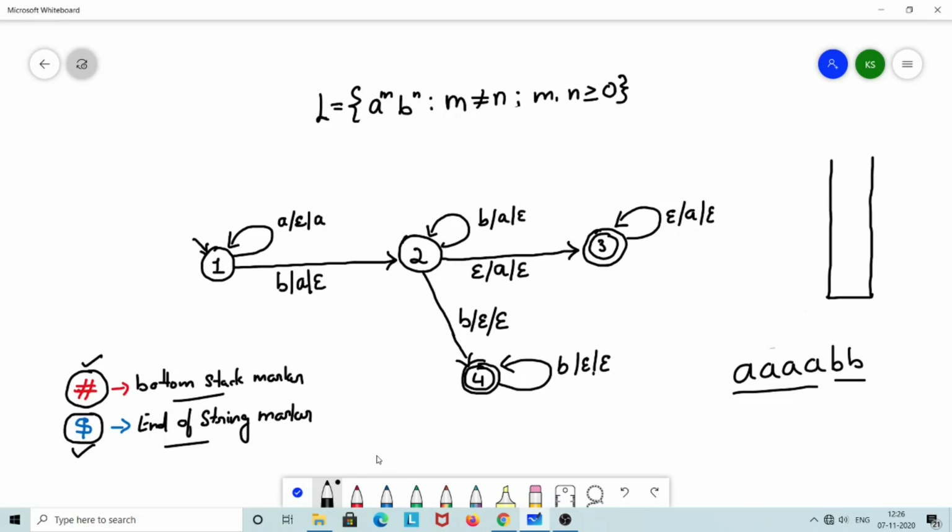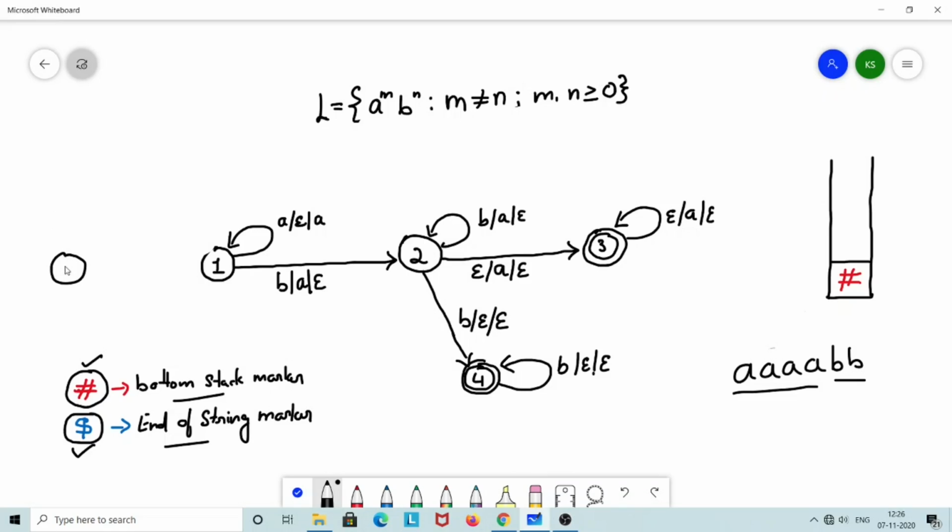Initially, before reading any string, the PDA will push hash onto the stack. To incorporate this operation, we need a new starting state, right? So let me name it 0.